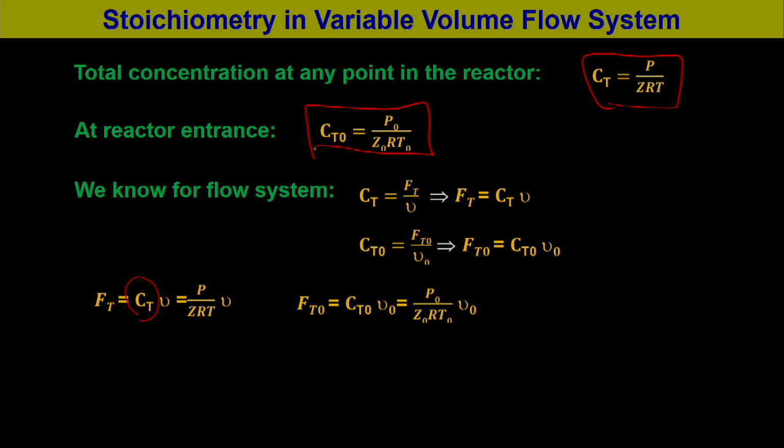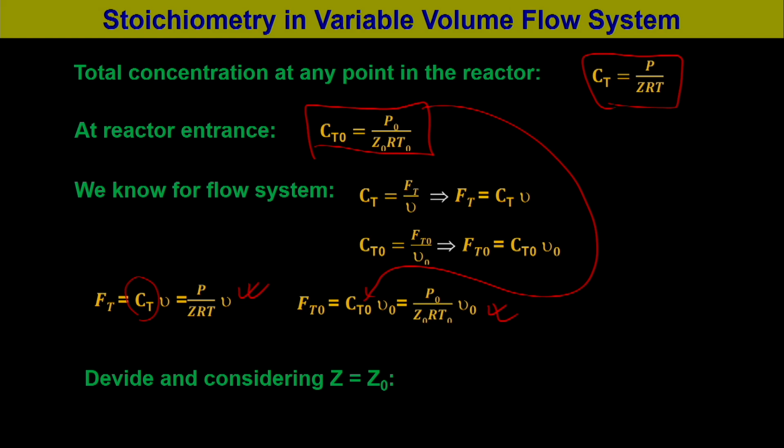So, we can substitute this over here and we will get F T naught equal to P naught by Z naught R T naught into V naught. Now, if we divide these two relations, this one and this one, we would obtain these relations.